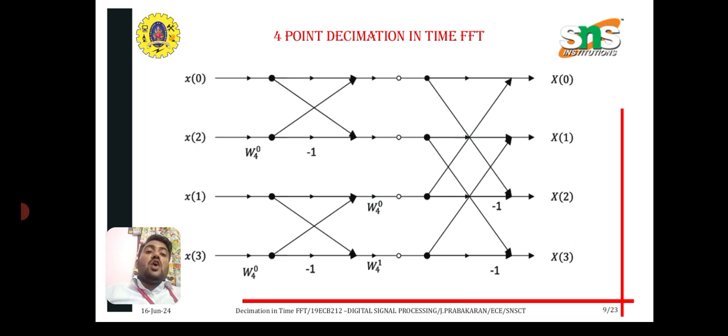We find the output of the first stage, which is the input of the second stage, and finally the second stage output is the final output of the 4-point sequence.